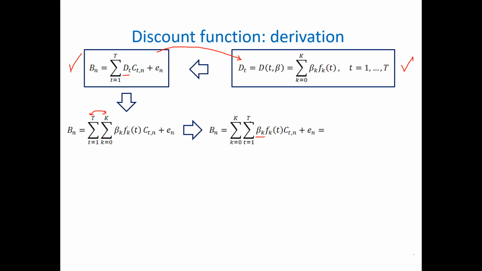So within the first summation sign, this is going to be a constant, and if this is a constant, then we just move it in front of the summation sign like that. So now we have beta k in front of the summation sign, and we first sum up over all t's, and then we sum up over all k's.